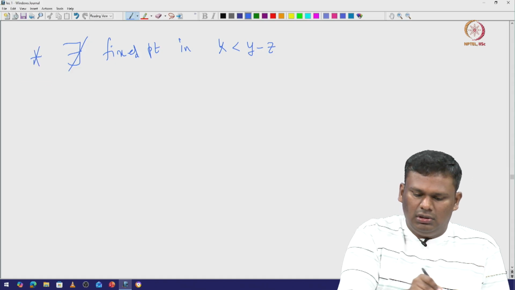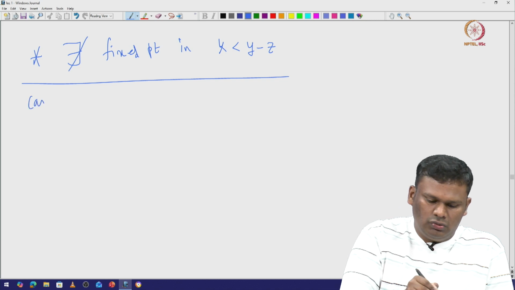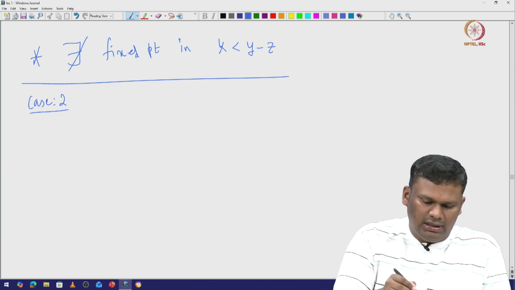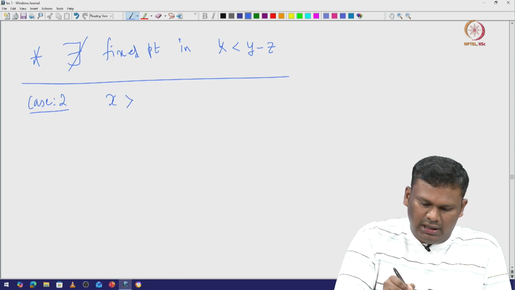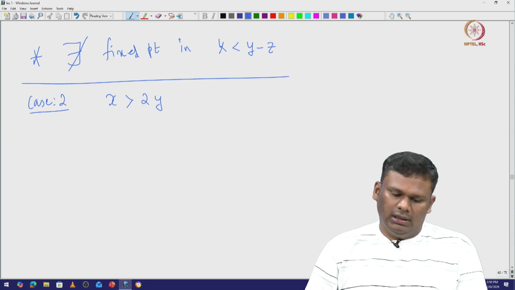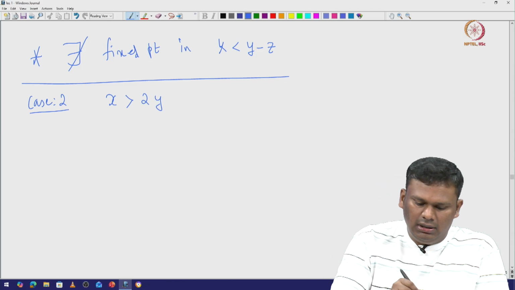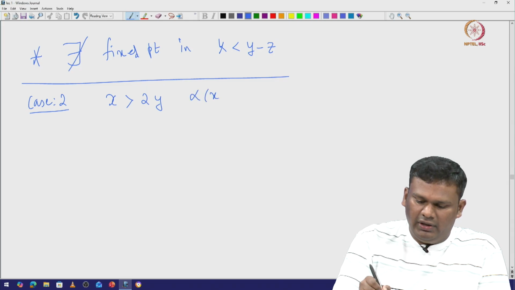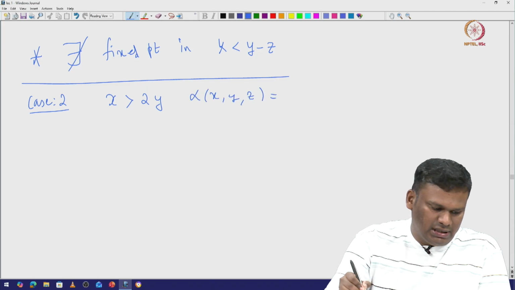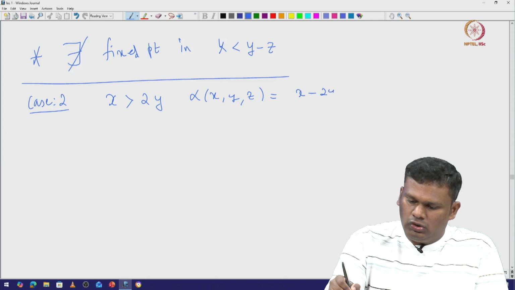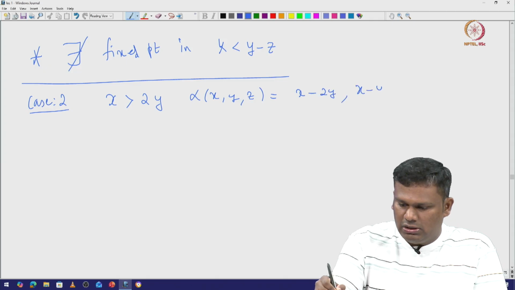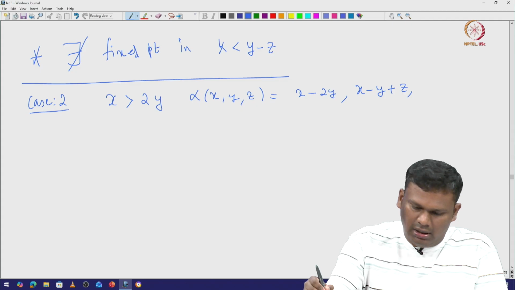Now let us take case 2, which is x greater than 2y, and look at what happens. Recall the way we defined alpha of x y z, which is exactly given by x minus 2y comma x minus y plus z comma y.